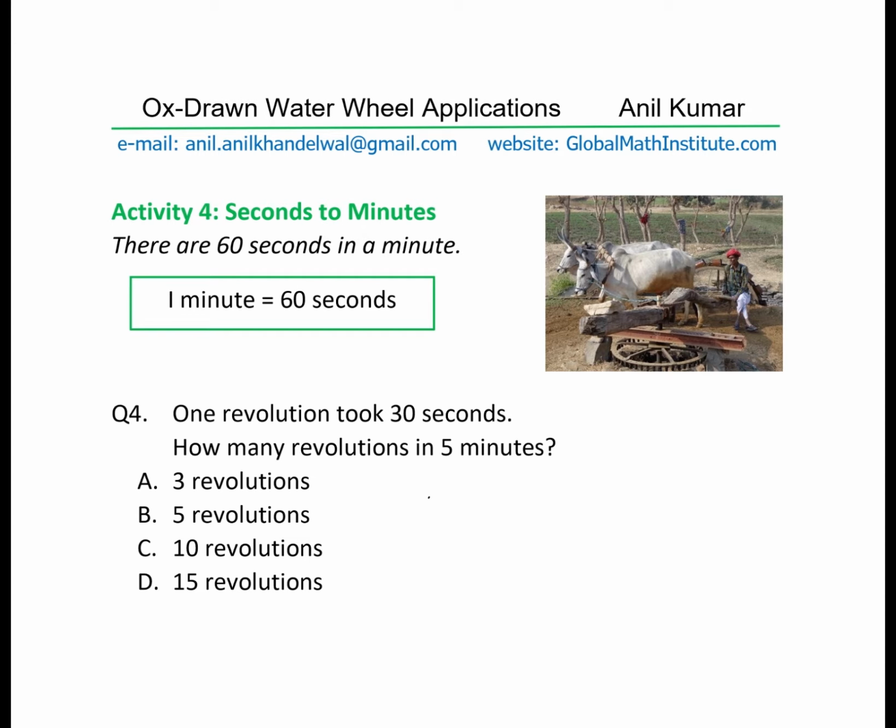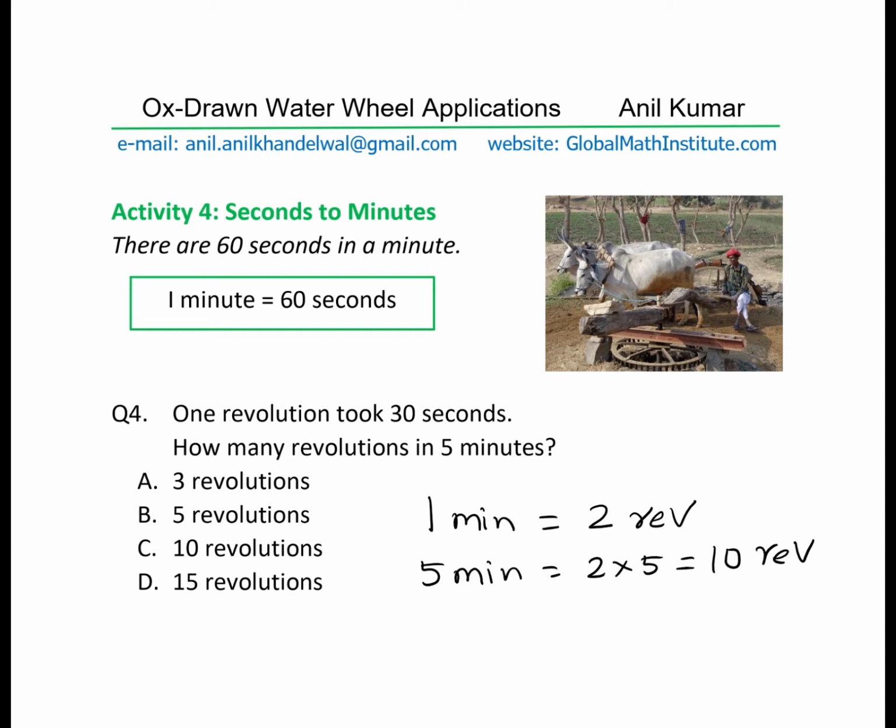So we could also see this as in 1 minute, there were 2 revolutions, correct? And in 5 minutes, there were 2 times 5, which is 10 revolutions. Is that clear to you? Do you see how that half a minute thing and 1 minute 2 revolutions helps, correct? So it is kind of important to sometimes rearrange your numbers.